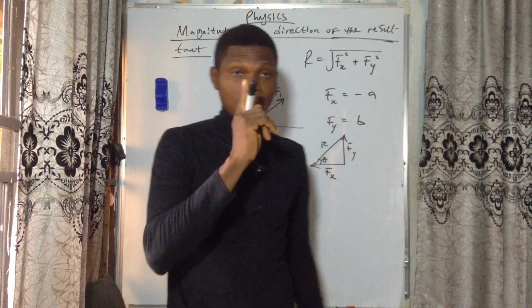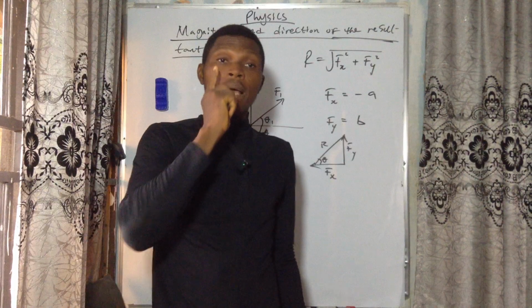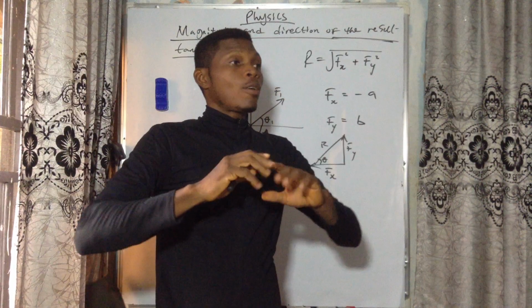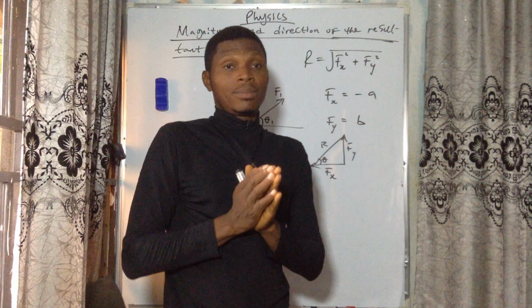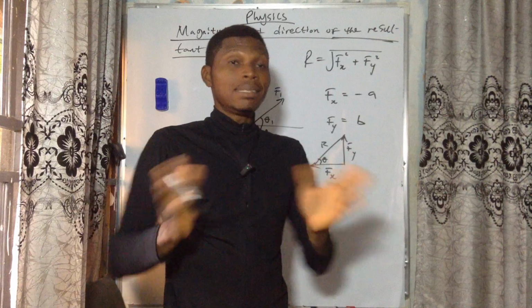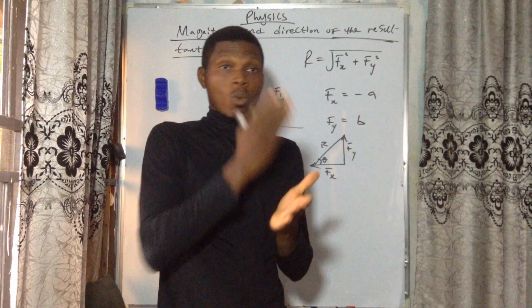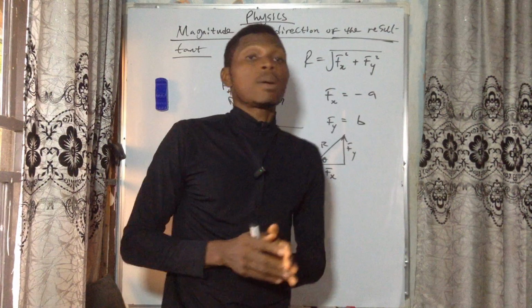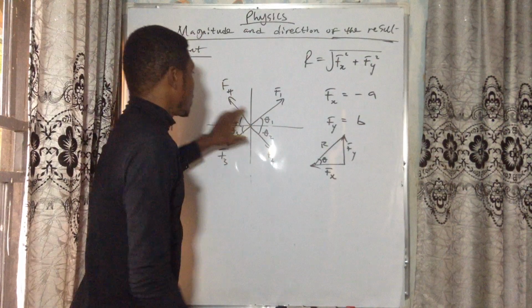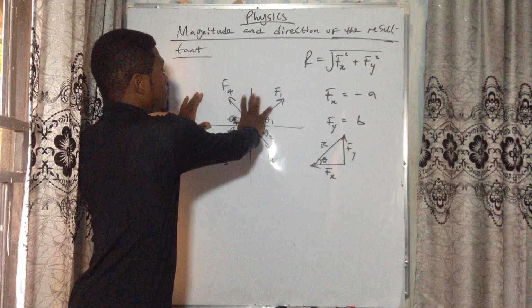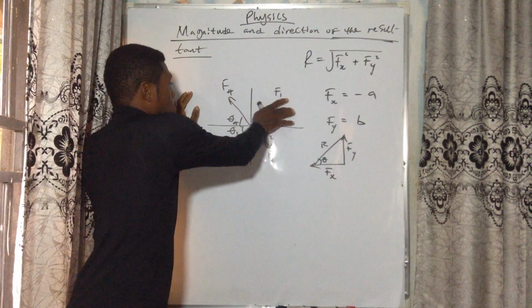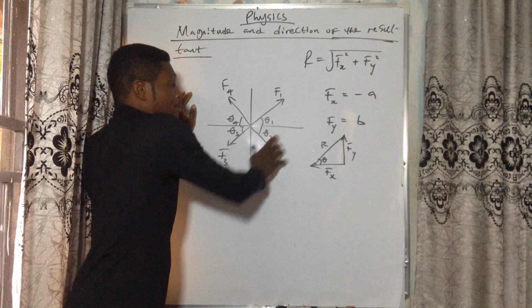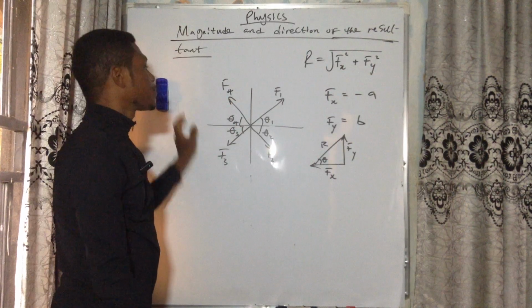In mathematics, if you divide the plane by 4, this is the first quadrant, second quadrant, third quadrant, and fourth quadrant. Do you understand?